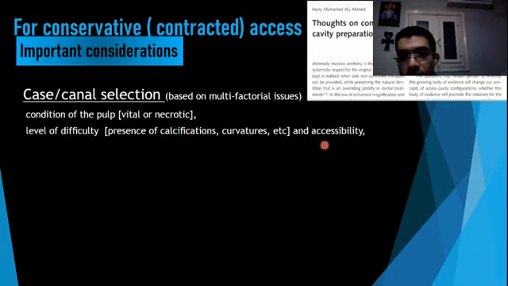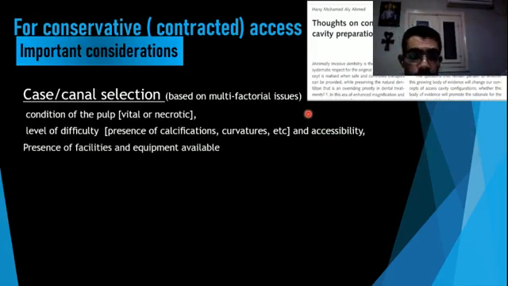And the accessibility also: the accessibility to the tooth that you treat. If you have a patient with limited mouth opening, for example, this will make it more difficult to do this type of access cavity. Presence of facilities and equipment available is a very important issue we discussed in the previous slides.